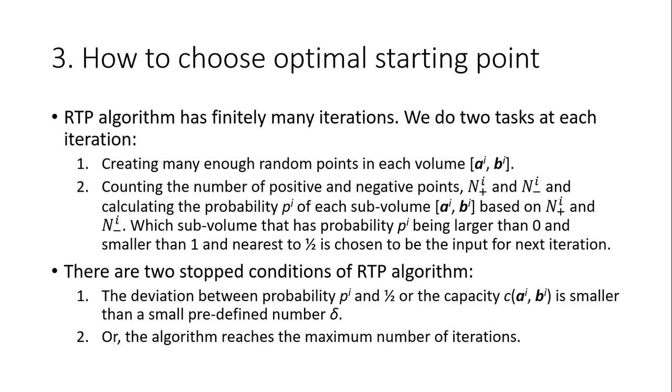Second, counting the number of positive and negative bonds, n positive I and n negative I, and calculating the probability Bi of each subvolume AI-BI based on them. The subvolume whose probability Bi is larger than 0 and smaller than 1 and nearest to one half is chosen to be the input for the next iteration.